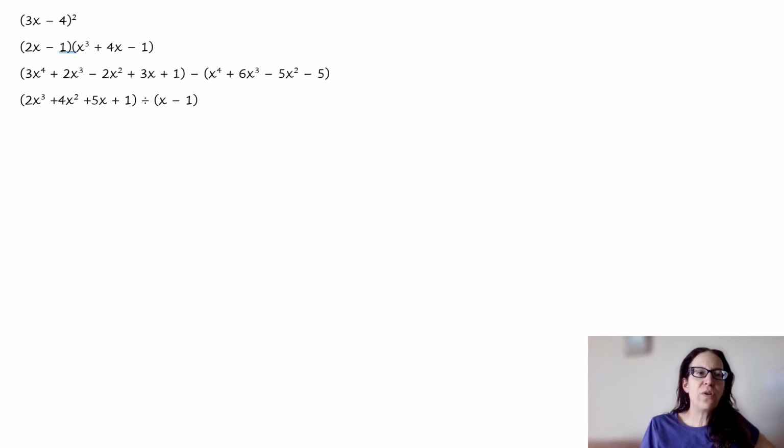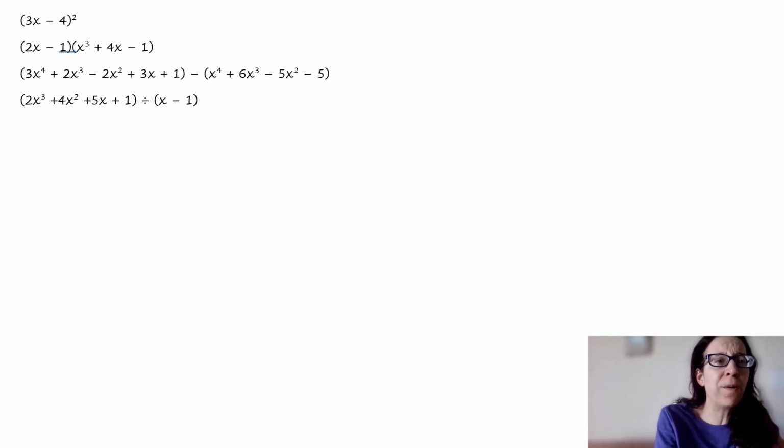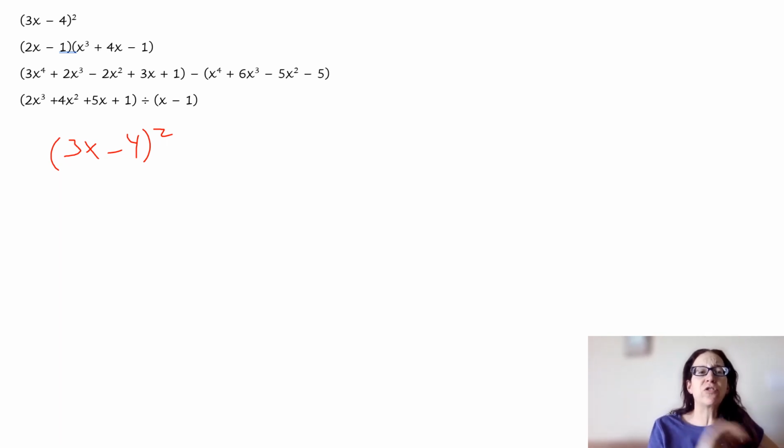All right, so this slide is all polynomial operations. I think I have it on different slides. I can't see because I opened Desmos. So let's take a look at the first one. The first one is 3x minus 4 all squared. So a lot of you are going to be tempted to just do 3x squared and 4 squared and call it a day.